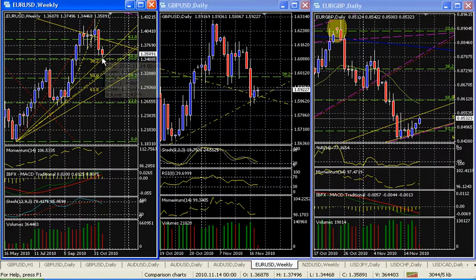leveling off either on a support level here, as you could see, looking at it on a weekly basis, that a slight increase in the momentum made the correction after touching a good psychological and technical support level.